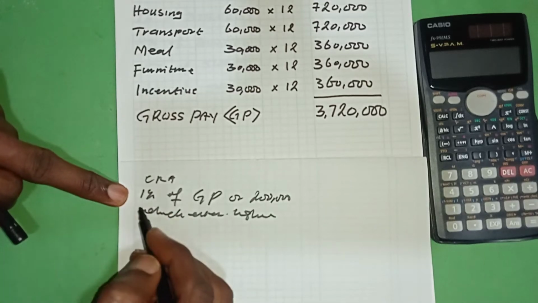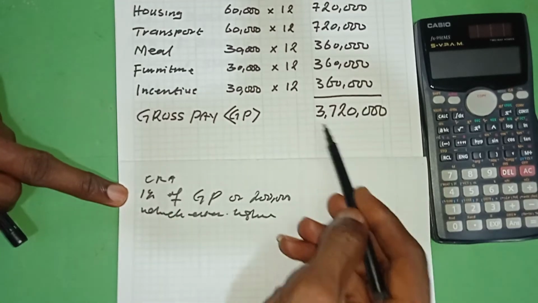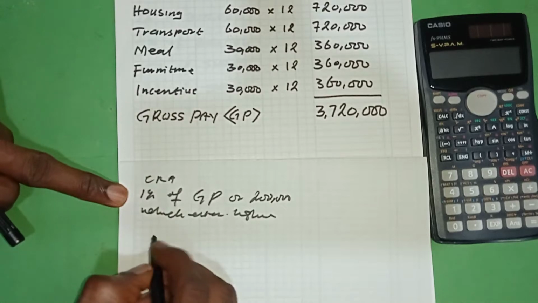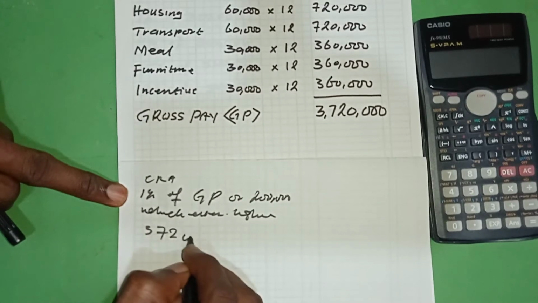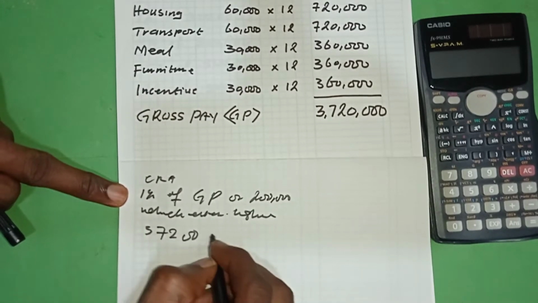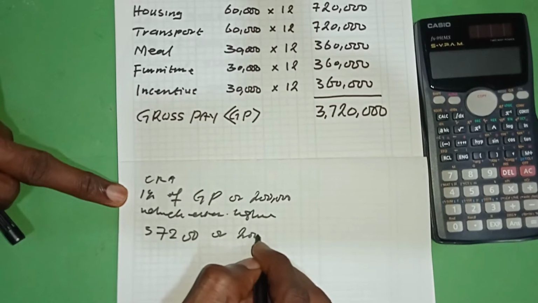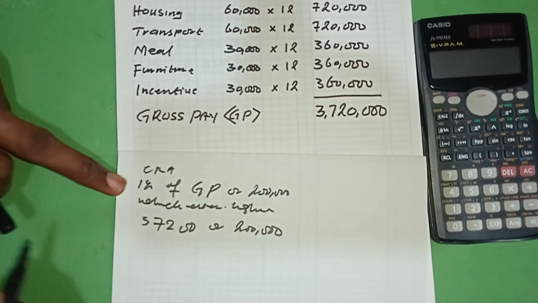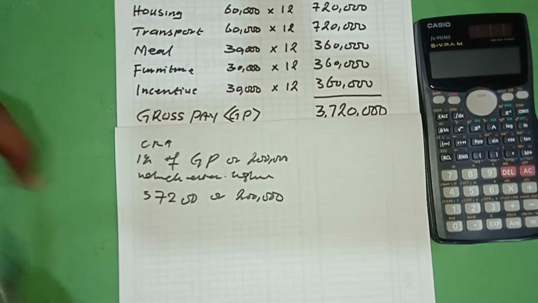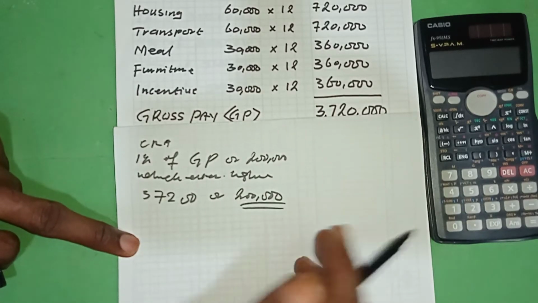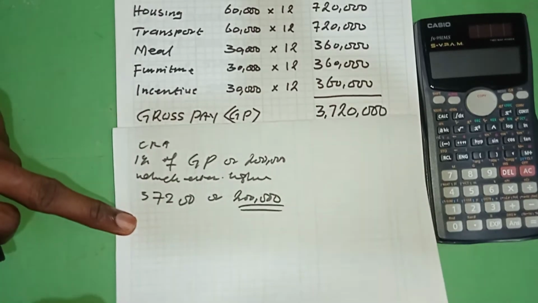Now if you check, 1% of 3,720,000 will give you 37,200, or 200,000. So you choose whichever is higher. In this case, which one is higher? 200,000 is higher, so you are going to use 200,000.